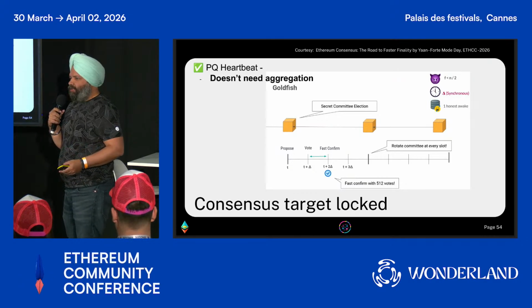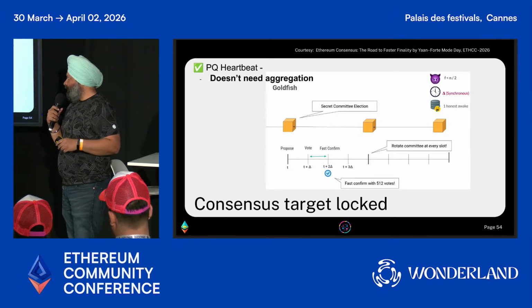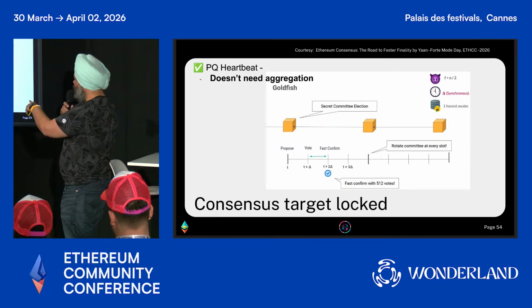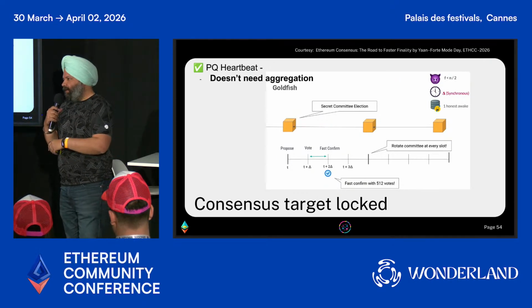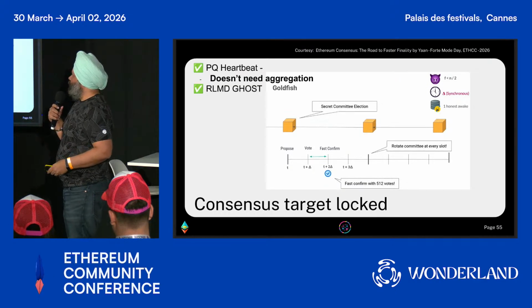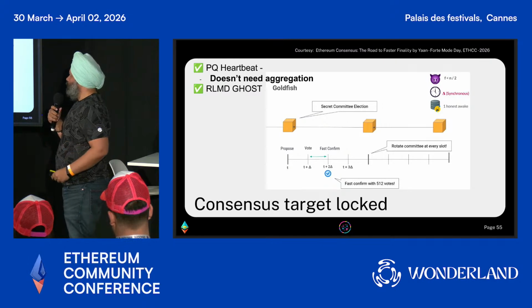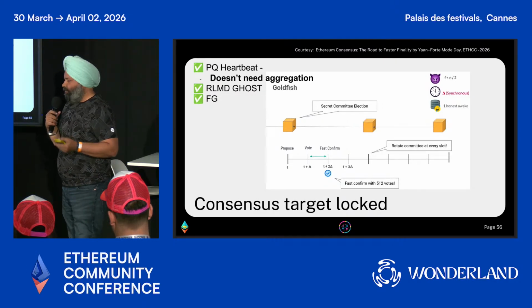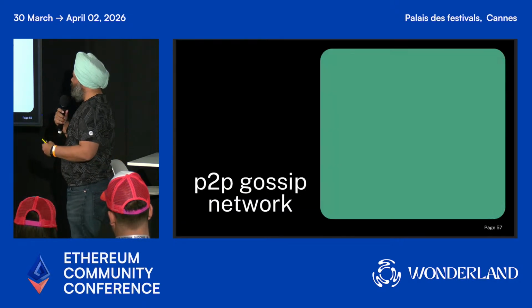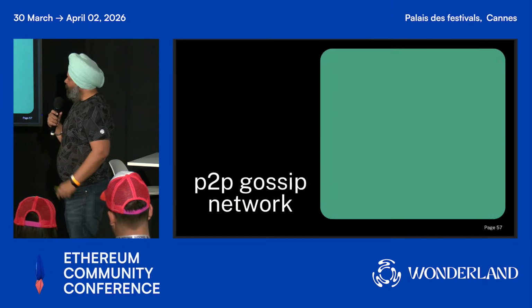It doesn't need aggregation, so we want to eliminate the time between vote and fast confirm. We don't want to add an aggregation layer on top of it, but it's just 512 votes, so that's fine. And then with LMD GHOST and a finality gadget, you will have your consensus.